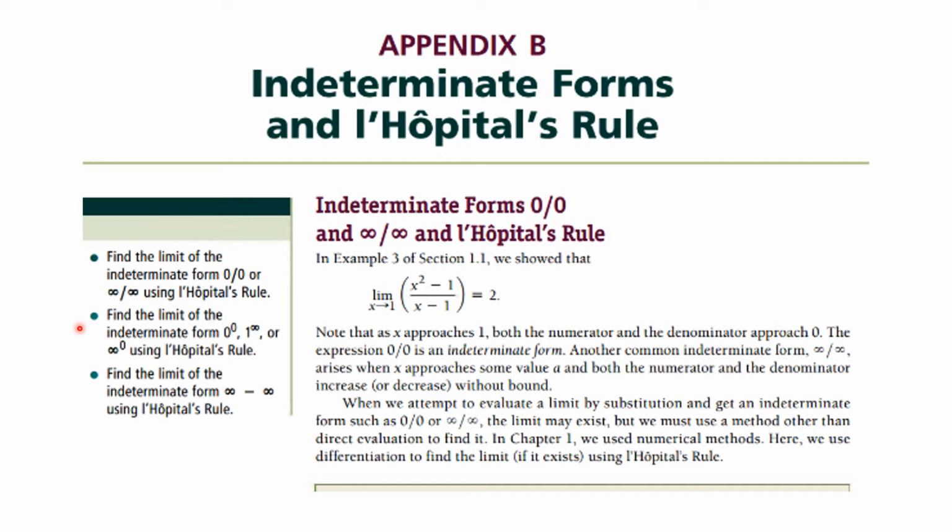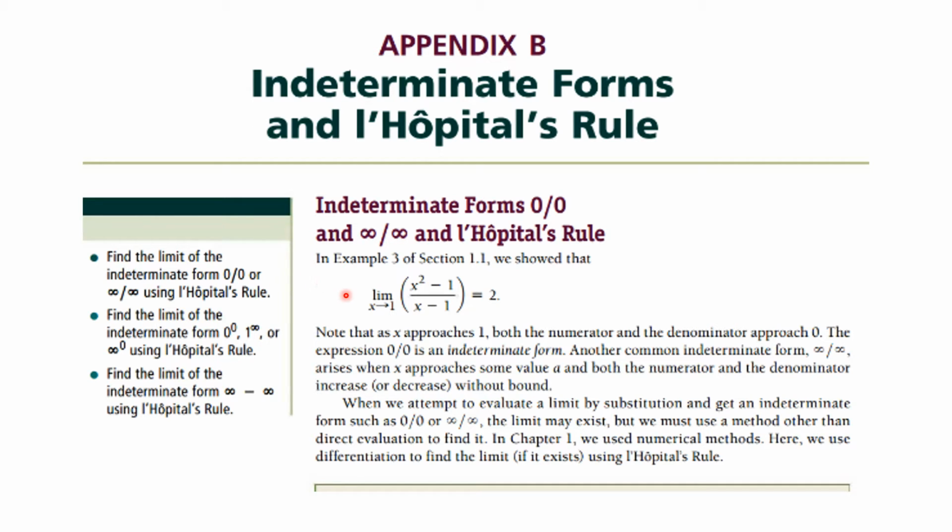We're also going to learn that by doing algebra, we can find the limit of an indeterminate form of the form 0 raised to the 0 power, 1 to the infinity, or infinity to the 0, using L'Hopital's rule as well. Finally, we're going to use algebra to find the limit of the indeterminate form infinity minus infinity, using L'Hopital's rule.